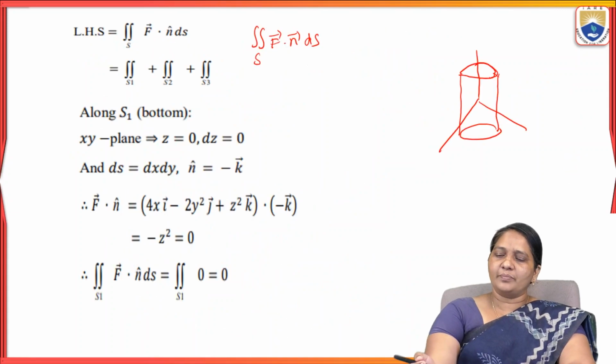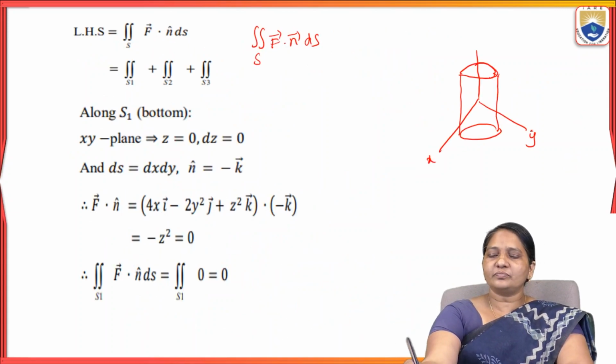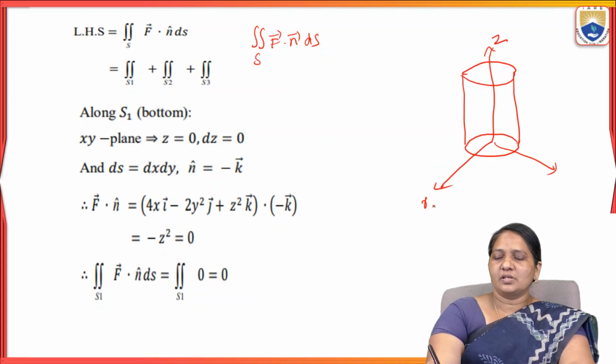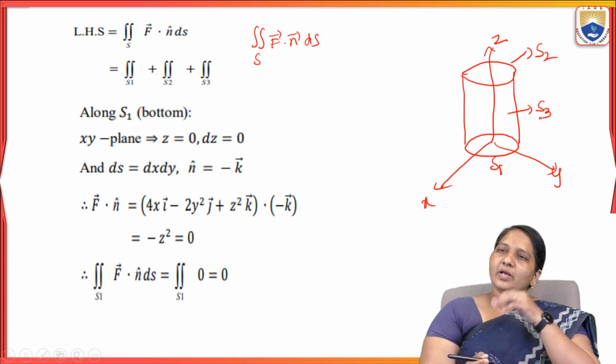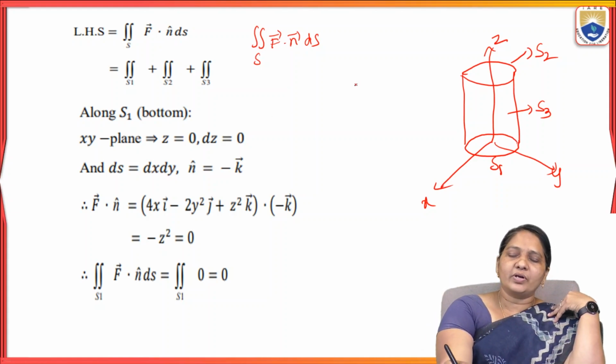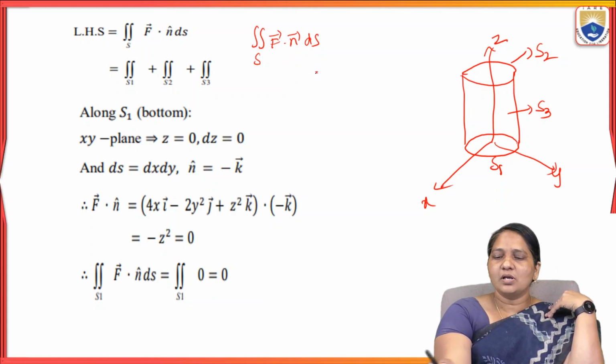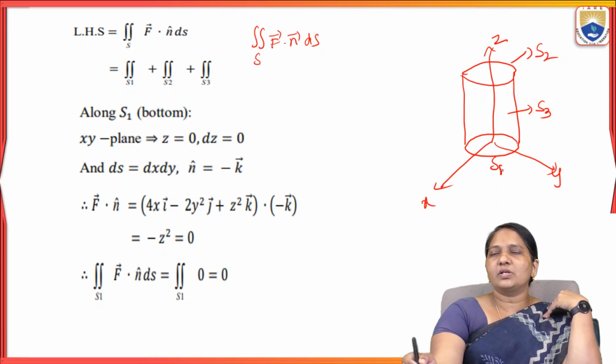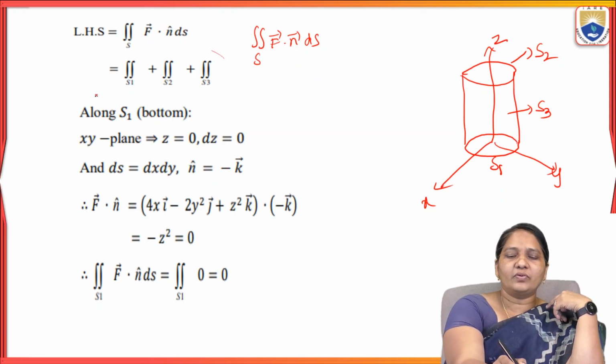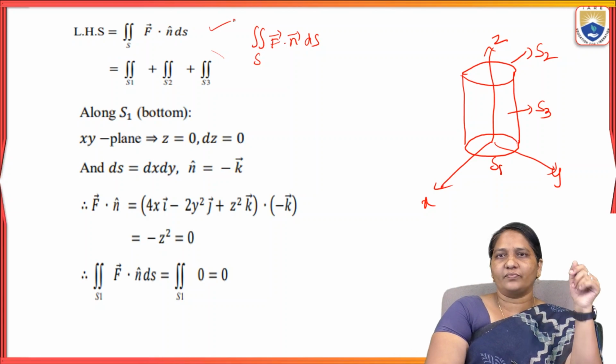This is the z axis, x, y. We calculate the double integral over S of F bar dot n bar ds along S1, S2 and S3, and after that we add them to get the total surface value.